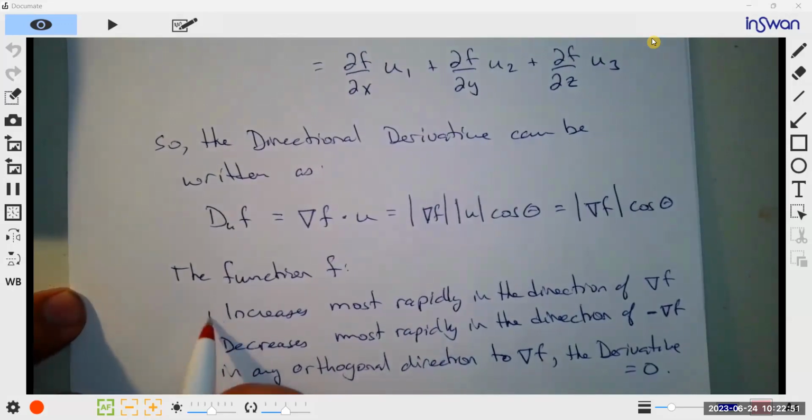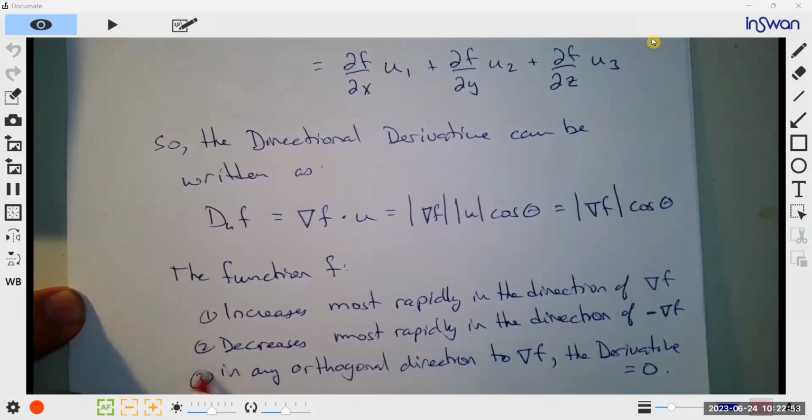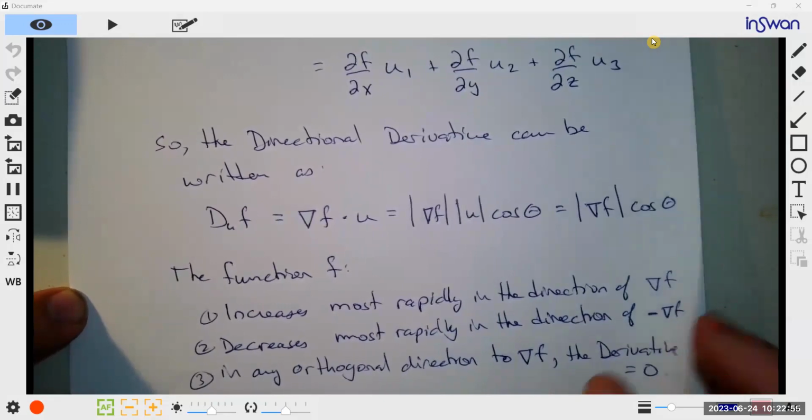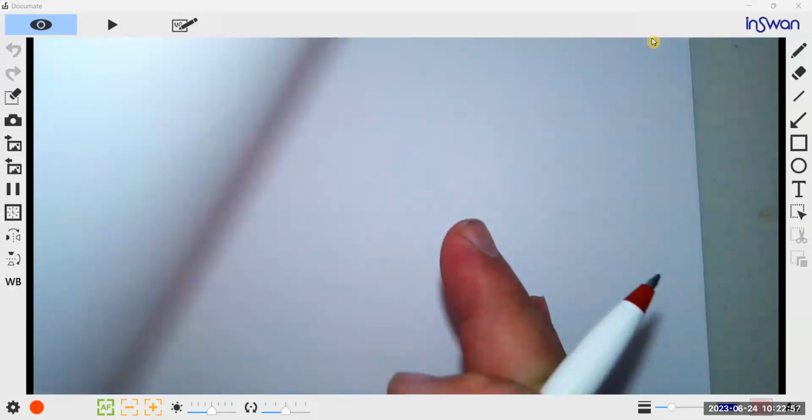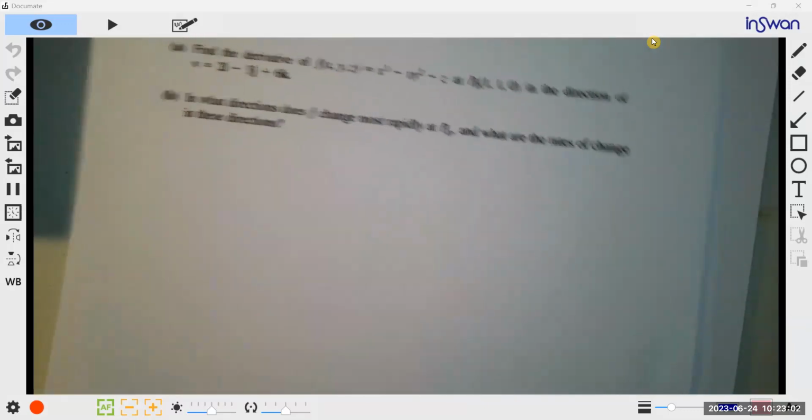Again, it's the same thing, but now we have three dimensions, or three variables. So let's get to the next example.